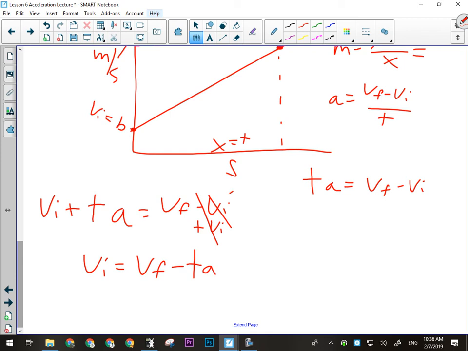So if I take the final velocity and subtract the change, that should give me my initial velocity. If you like to talk things through in your head, hopefully that makes sense to you. If I take the final velocity and subtract how much I changed it by, that will leave me with what I started with.